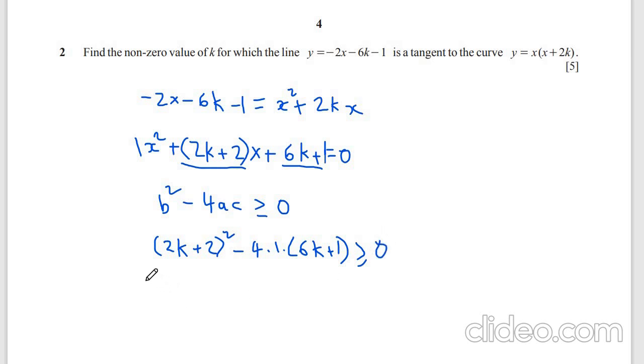So this will end up like this: 4k squared plus 4k plus 4 minus 24k minus 4.